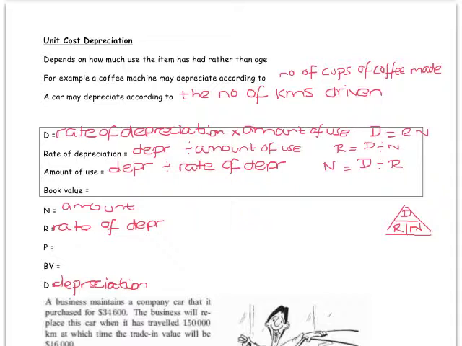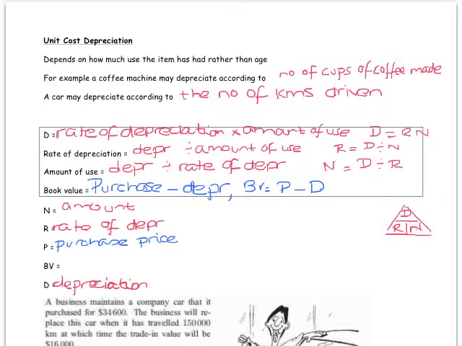And the book value we're using a little bit differently: it's just the purchase price, which is P, minus the depreciation. So book value, BV, is P minus D, which was Rn.